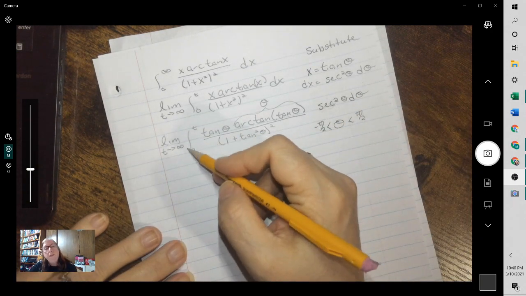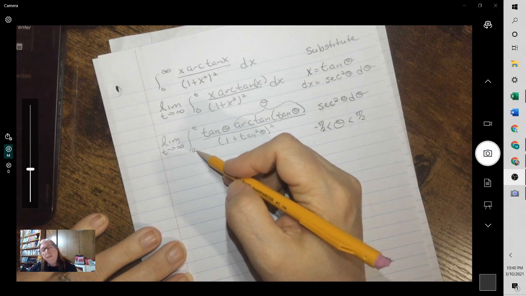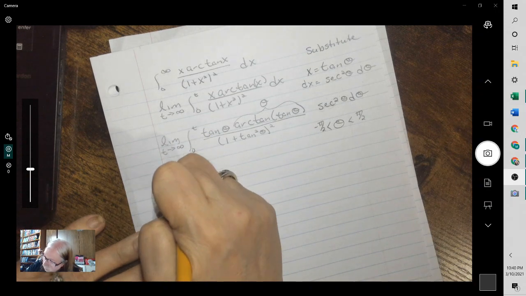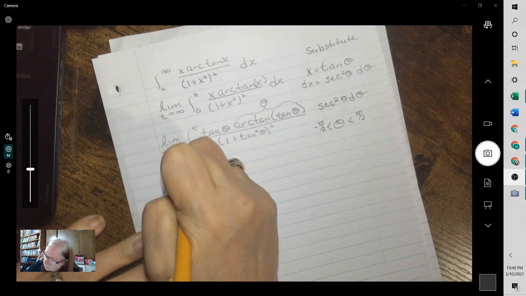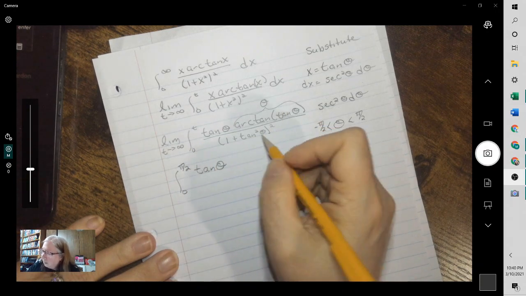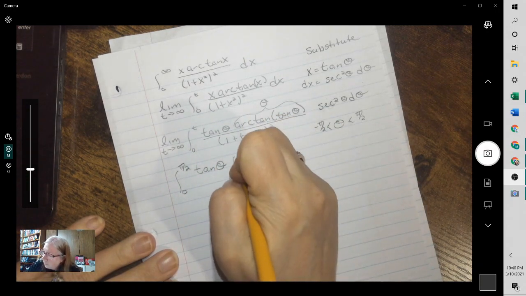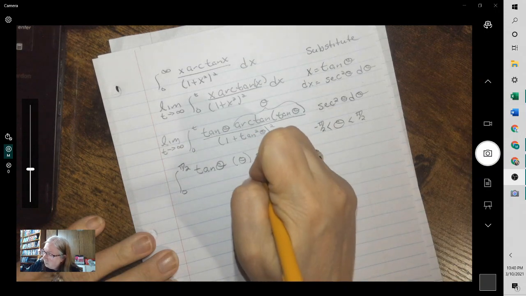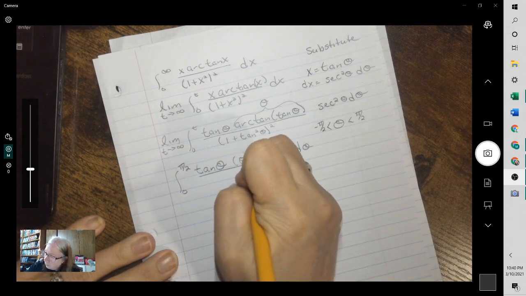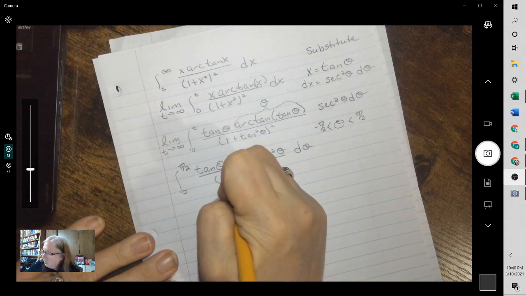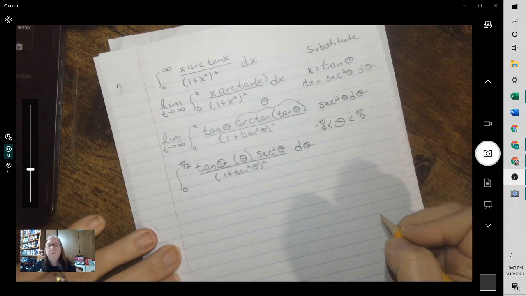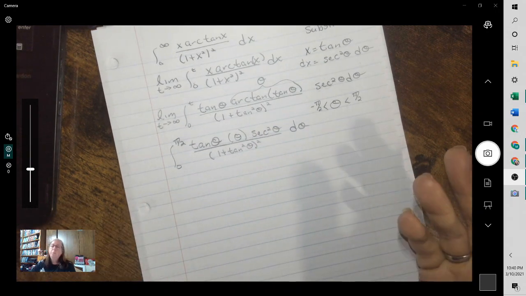So this can't go to infinity. Instead, to keep it continuous, it's going to go to pi over 2, from 0 to pi over 2. And then we have the tangent of theta. All of this just becomes theta. We have the secant squared over there, all over (1 plus tangent squared theta) squared. A little better.